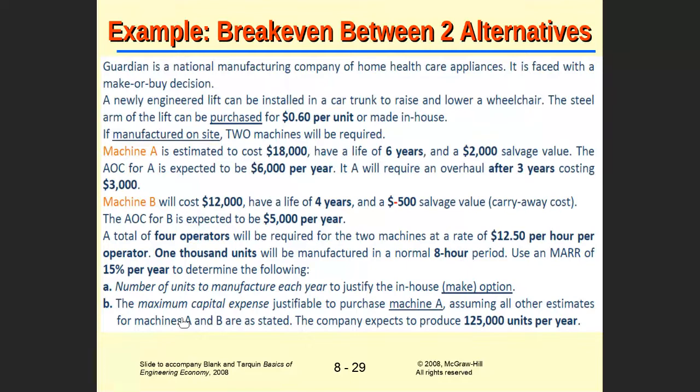cost. But what about the fixed cost, if that cost, the 18,000, is being increased? How much is the maximum cost for machine A you can carry and still go with the making option?